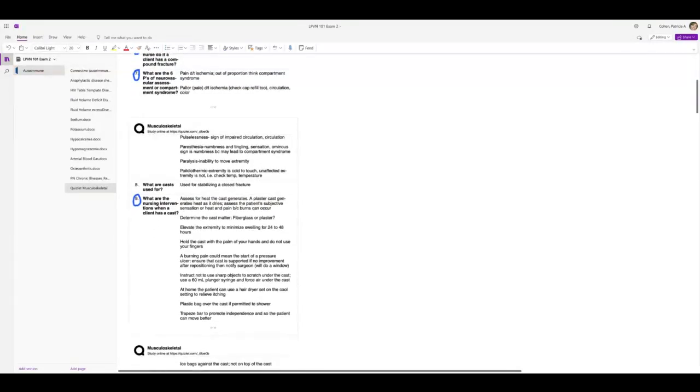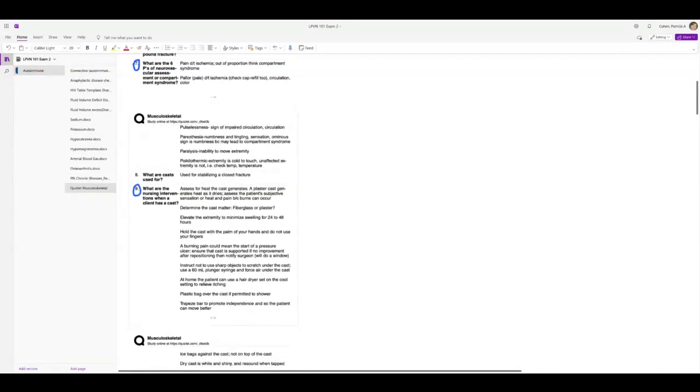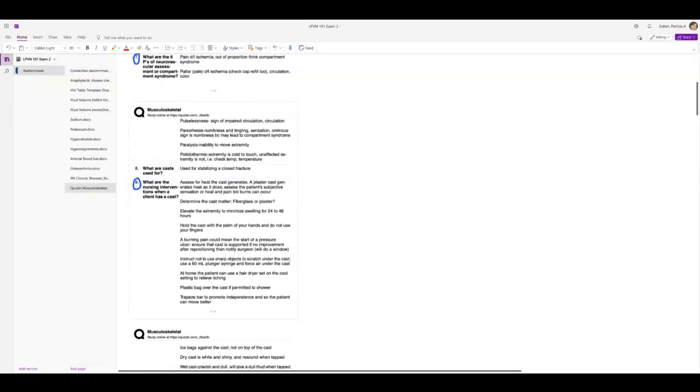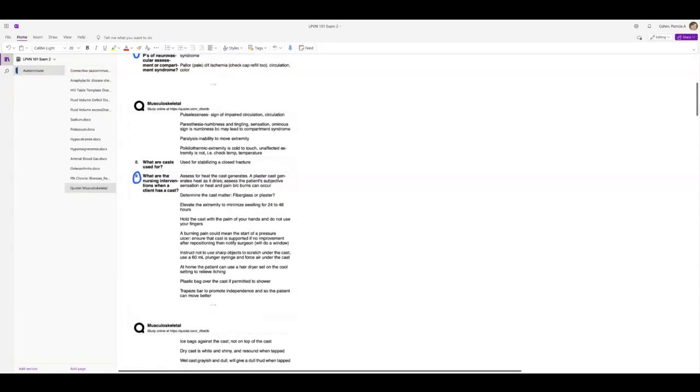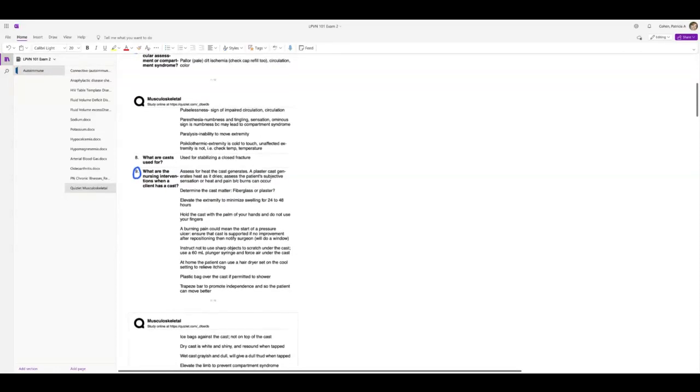You can try repositioning. Tell them not to put sharp objects under the cast. They can use a hair dryer on cool if they're itchy, or take a 60 ml syringe and put air in it and blow it in there where they're itchy. And then a plastic bag over the cast if they can shower, and then use a trapeze bar.